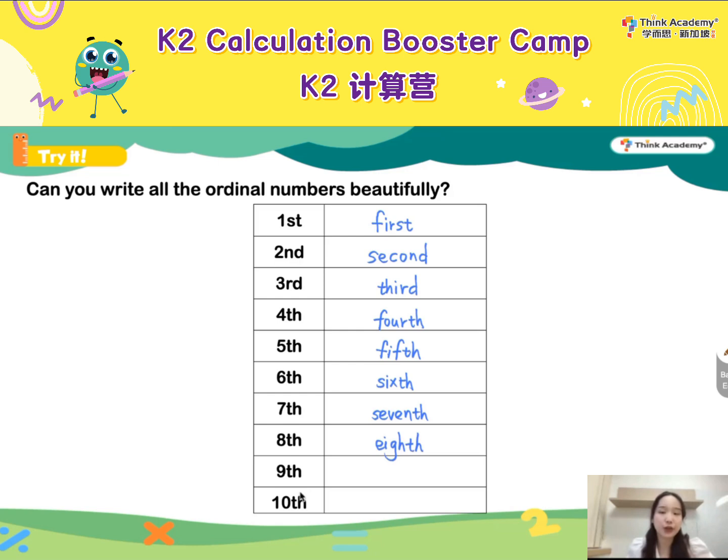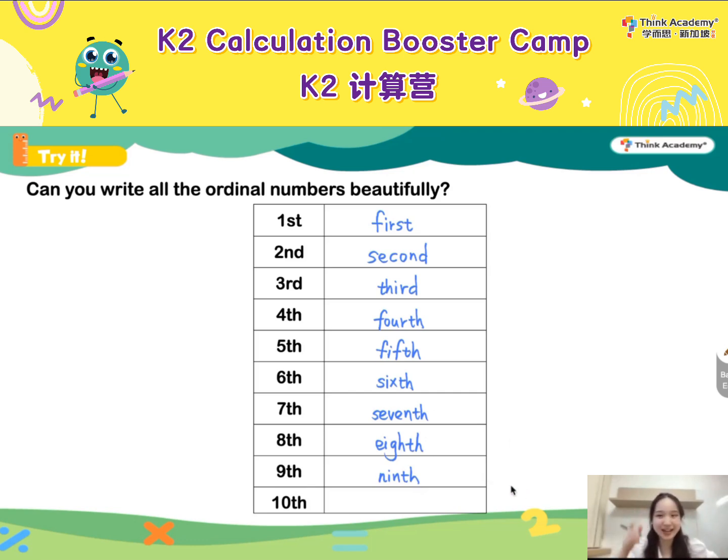What about 9th? Still 5 seconds. For 9th, is there an E in the middle? I don't think so. So 9th is spelled as N-I-N-T-H. No E. 10th is easy.